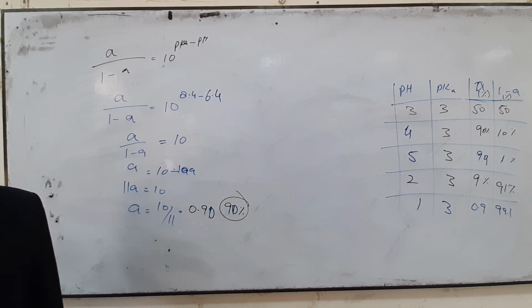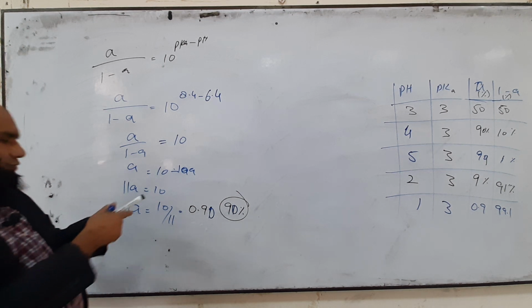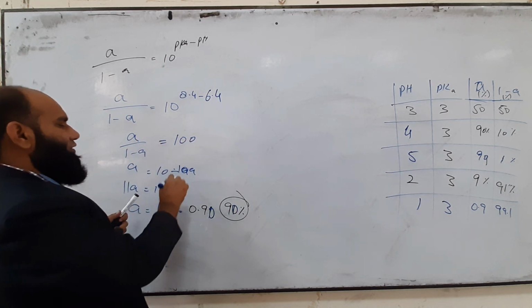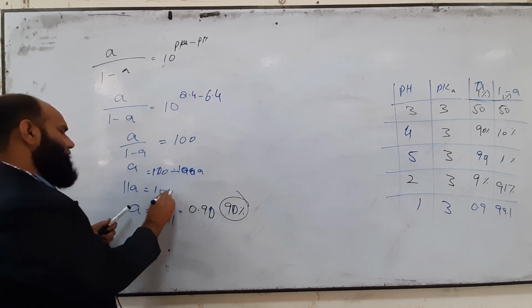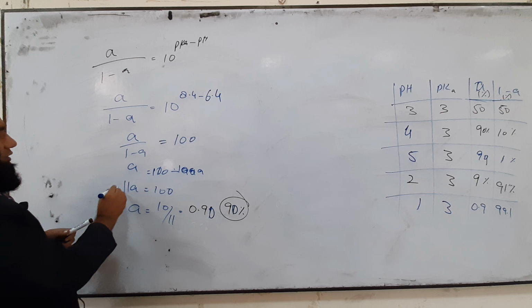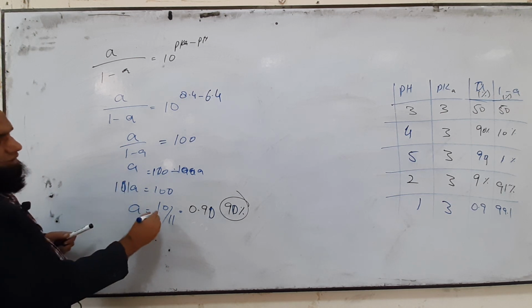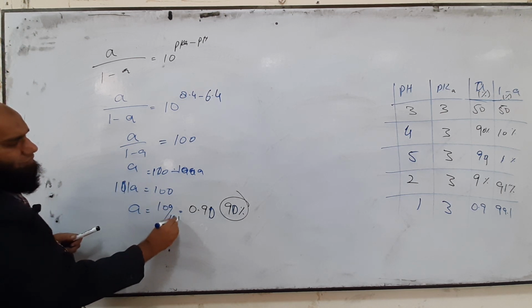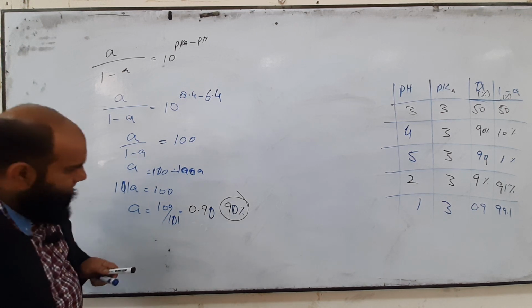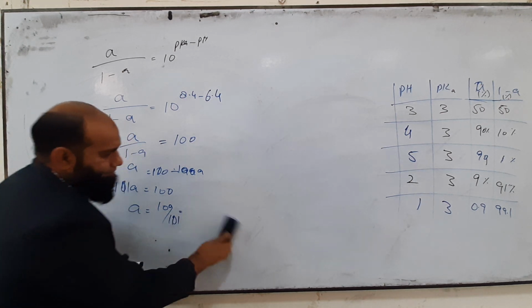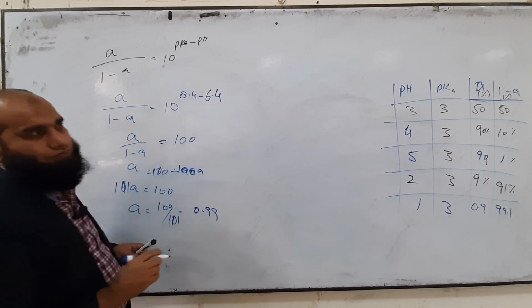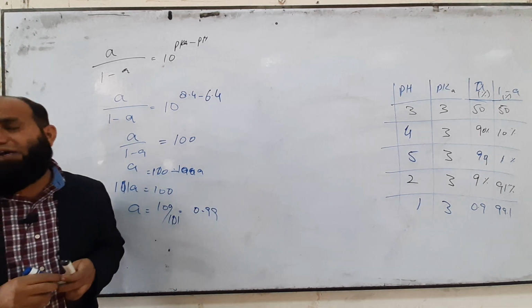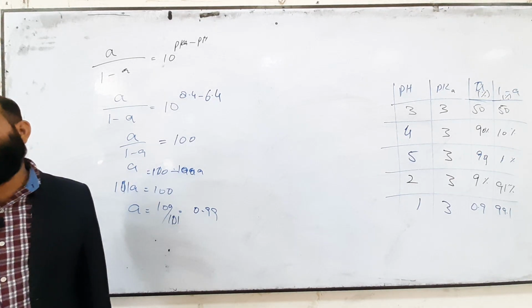Then the difference between pKa and pH is positive 2, and positive 2 gives 100. So this will be 100 minus 100a, which is 101a, and we divide 100 by 101a. The answer is 0.99, so 99% of the drug is in ionized form.